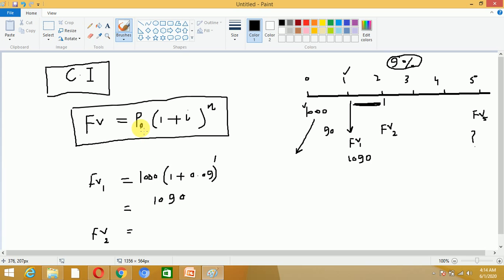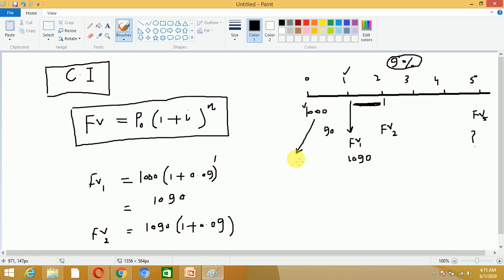So what will be your present value? See, this is the formula. Present value is 1090, times 1 plus the interest, 0.09, raised to the power of the number of years. From 1 to 2, what is the difference?